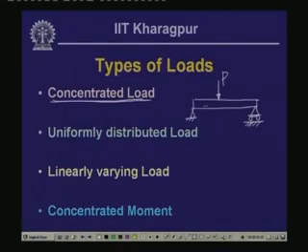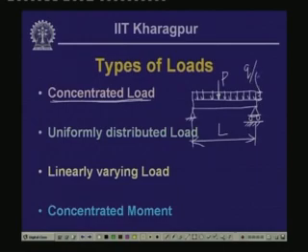Many times we encounter that the whole of the beam may be subjected to a load which is distributed over the entire length. This is the length of the beam, and the entire length of the beam is subjected to a load which is uniform, and the intensity of this load could be say q per unit length. This load is called the uniformly distributed load, as it is distributed over the entire span having uniform intensity.